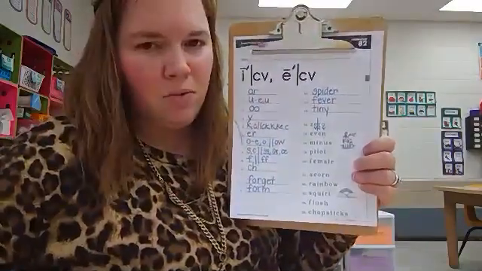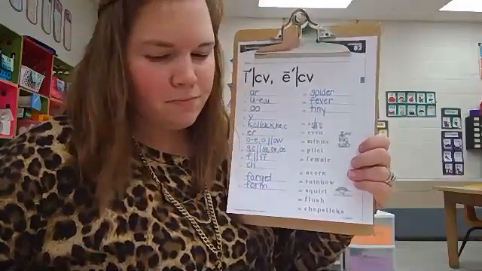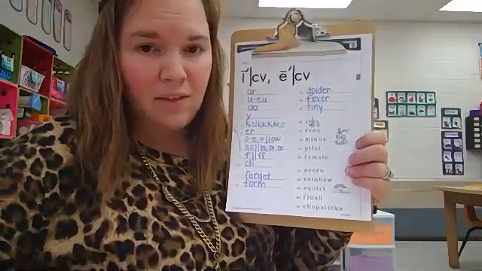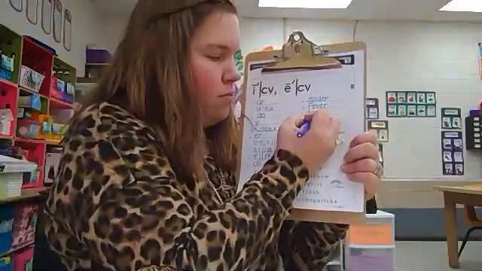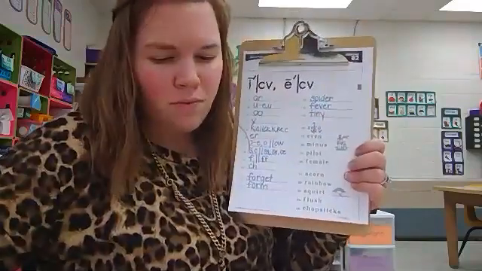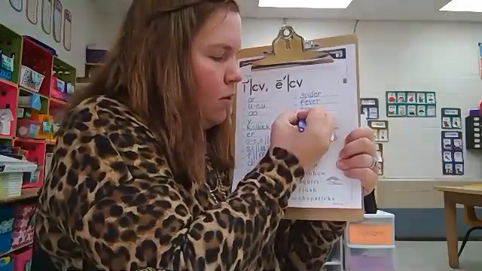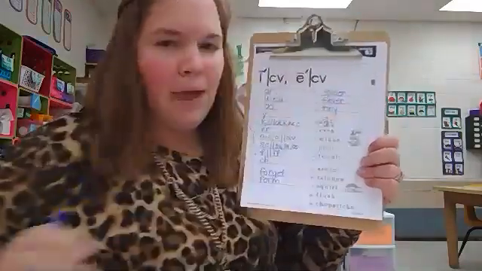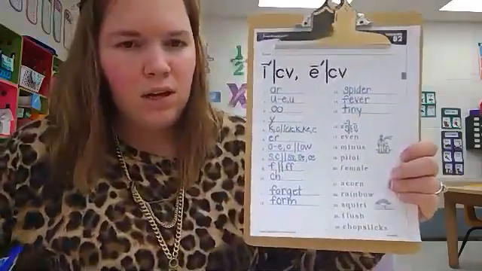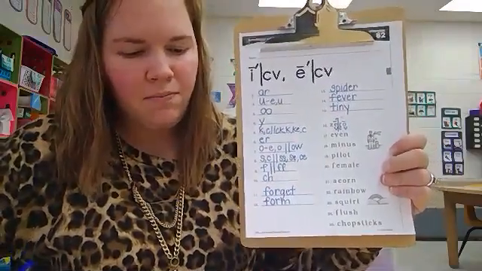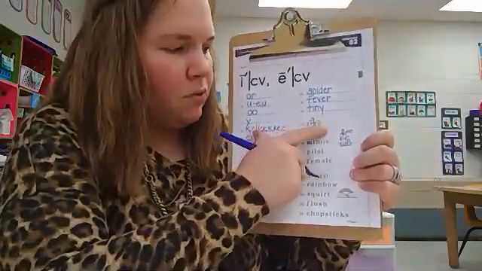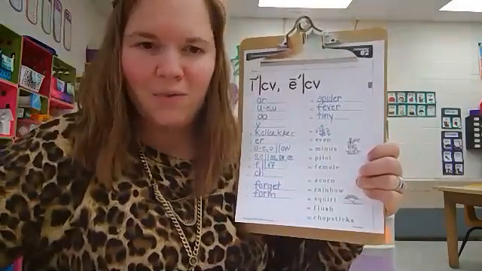I'll divide between the E and the V. Which syllable is accented, the first or second? The first. And both vowels are open, so we'll put a macron above the E, macron above the O. Can you help me read number 16? Very good.